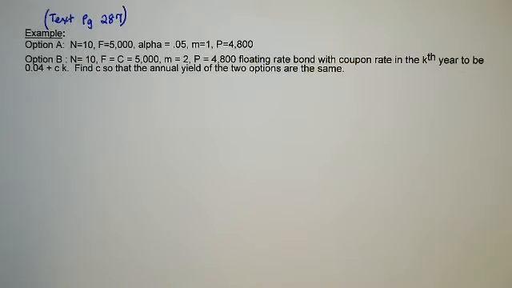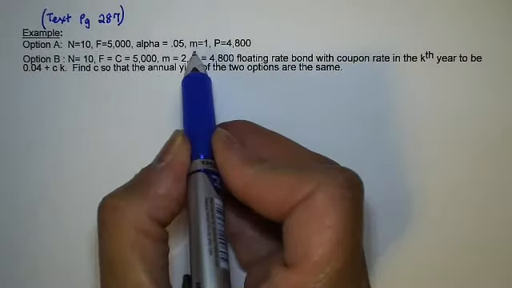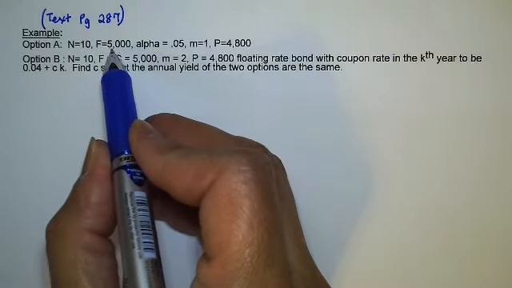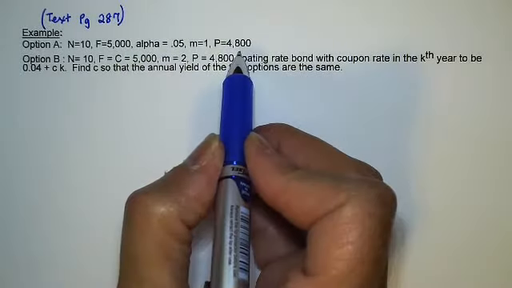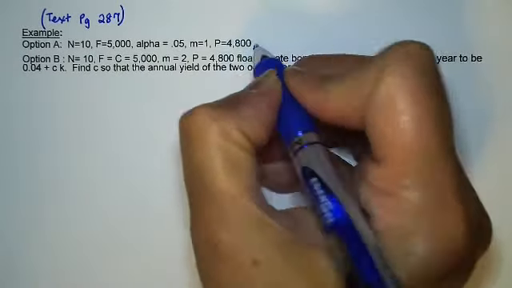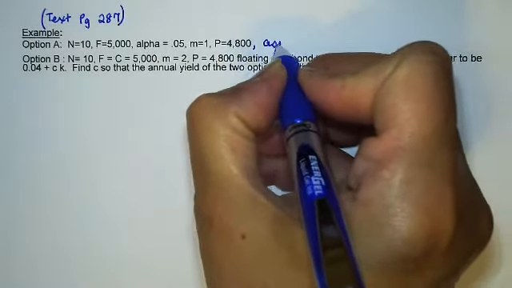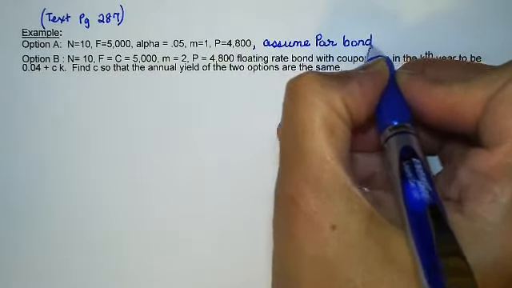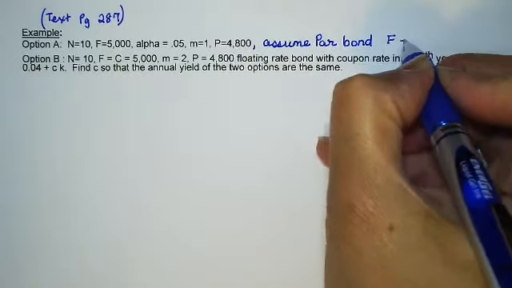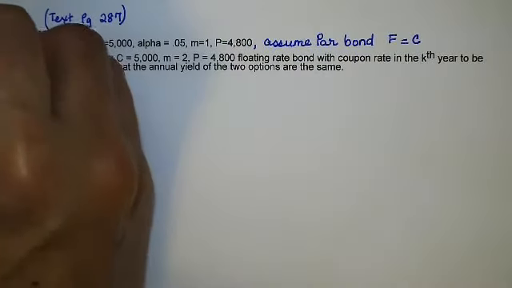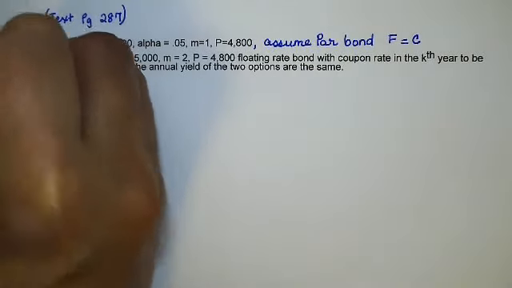Option A, you have a 10-year bond, annual coupons with face 5,000. And price is 4,800. Didn't say anything about the redemption, so let's assume something here. Assume this is a par bond, so that F is equal to C. So this is a fixed rate bond, fixed.